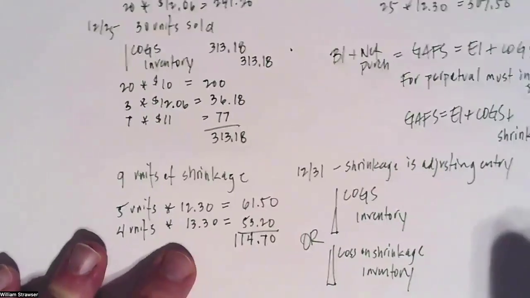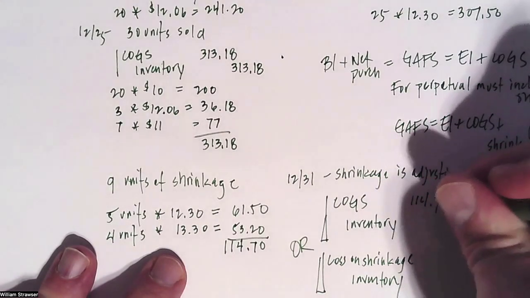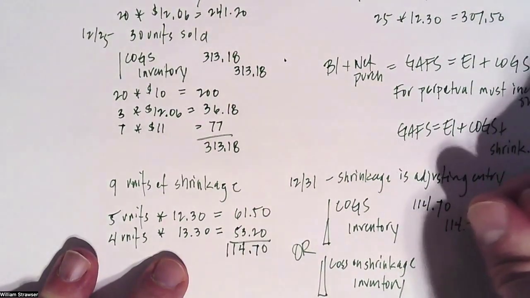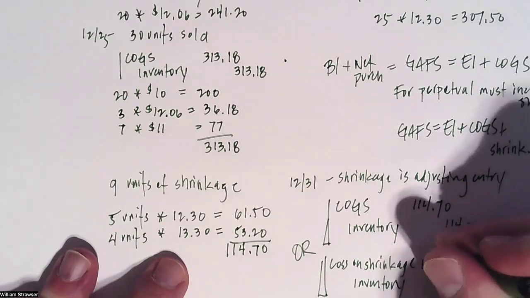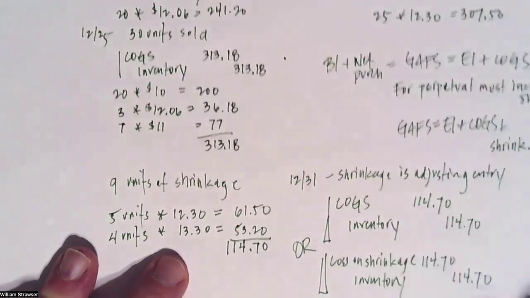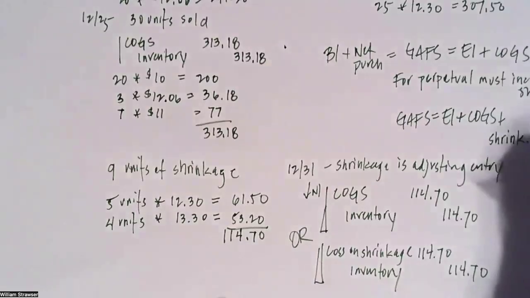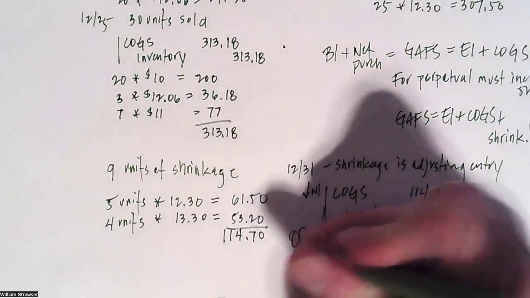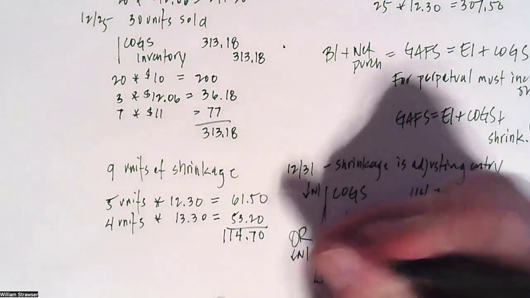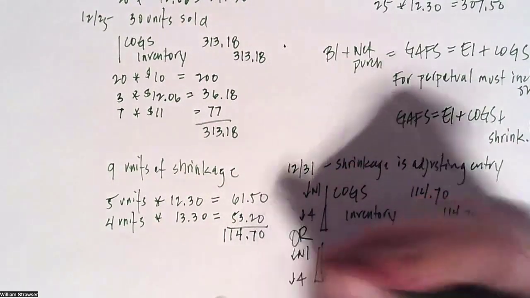But either way, we need to reduce our inventory account by $114.70 for these lost, stolen, ruined, whatever, broken units of inventory that were in my shrinkage. Either way I do it, of course, cost of goods sold reduces net income. The loss on shrinkage reduces net income. Credit to inventory reduces assets either way.